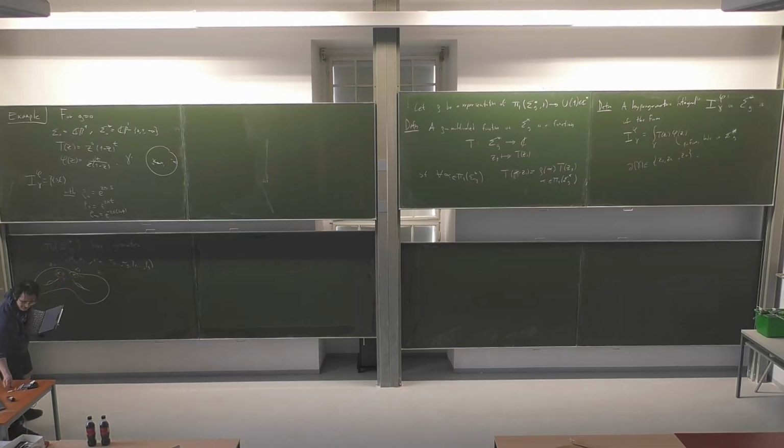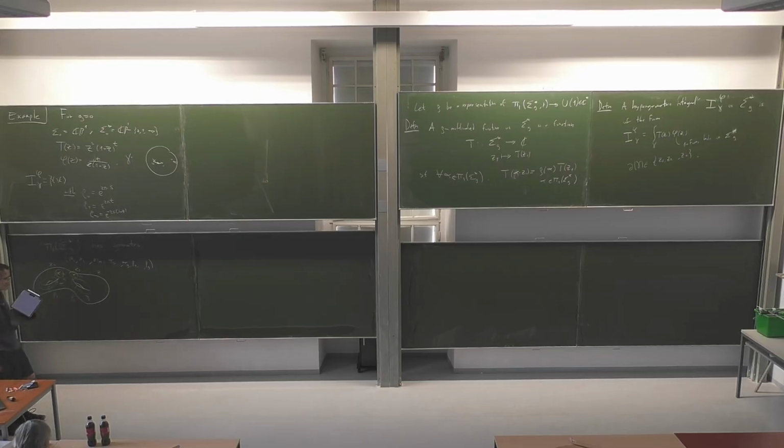And then I will call this an A cycle, alpha 1, an A cycle, alpha 2, and there are also B cycles. And these loops generate the fundamental group.